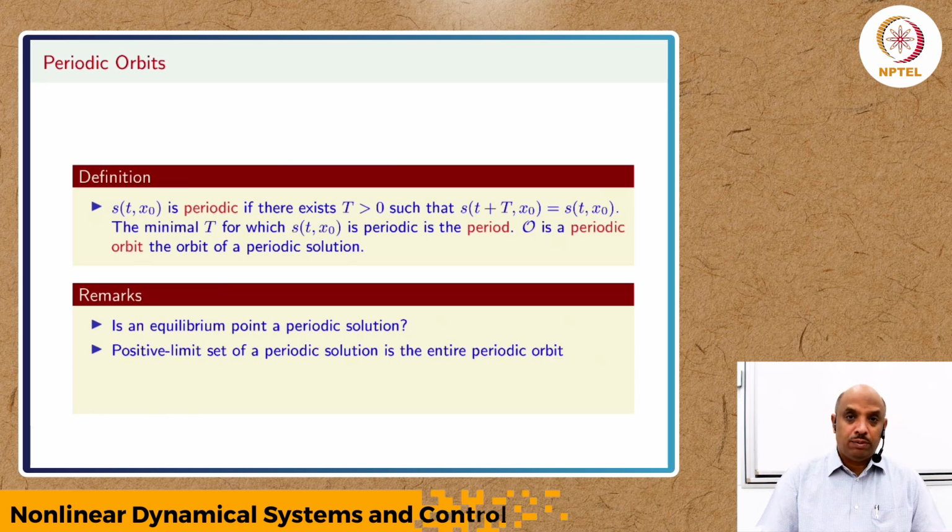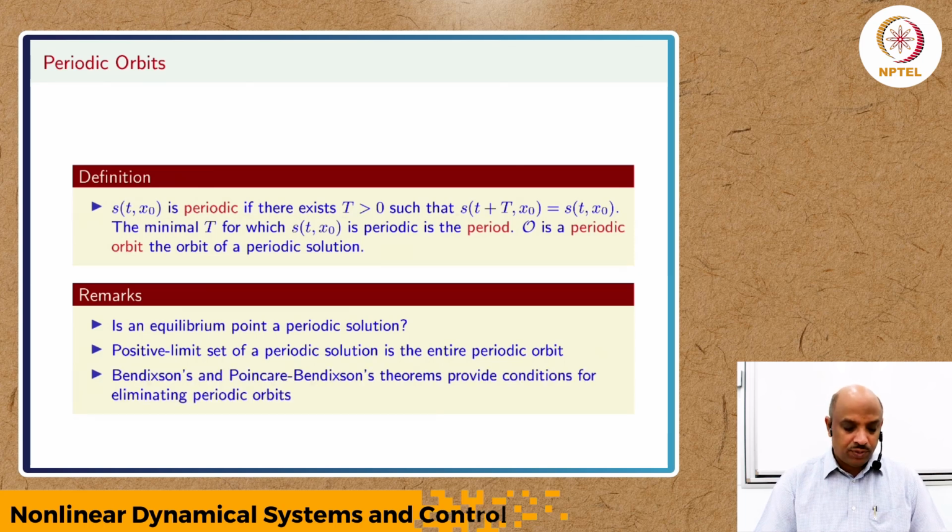And the positive limit set of a periodic solution is the entire periodic orbit. After all, it keeps going back and forth, and it just keeps repeating itself and comes back again and again. So therefore, the positive limit set is going to be the entire periodic orbit. There are some really interesting theorems that can show lack of periodic orbits. I mean, they eliminate the possibility of periodic orbits.